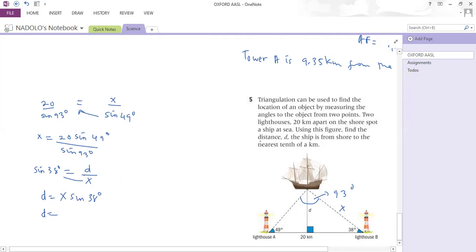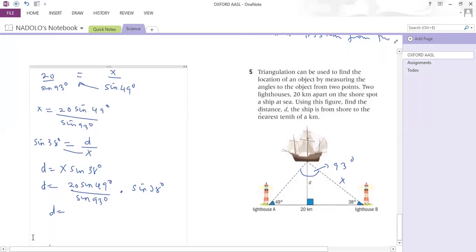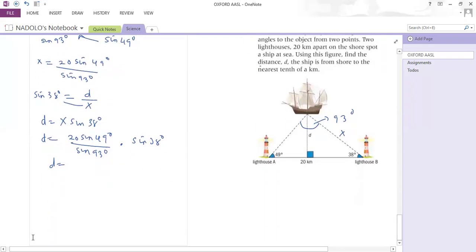So D is 20 sine 49 degrees divided by sine 93 degrees, and then multiplied by sine 38 degrees. You can use your GDC at this point, and you should get your answer as 9.31 kilometers.